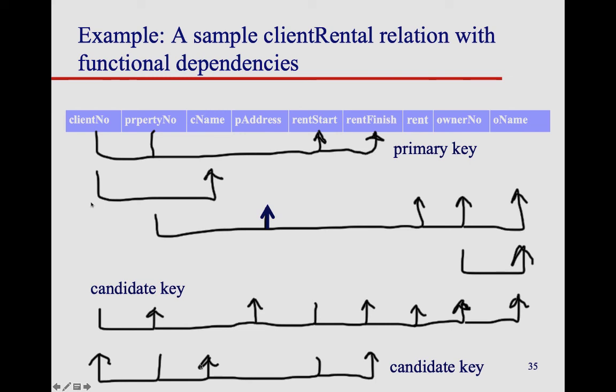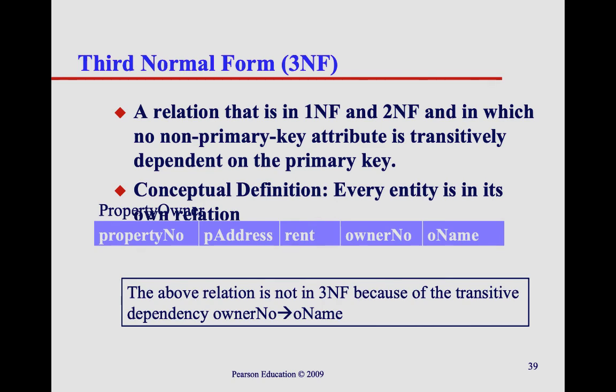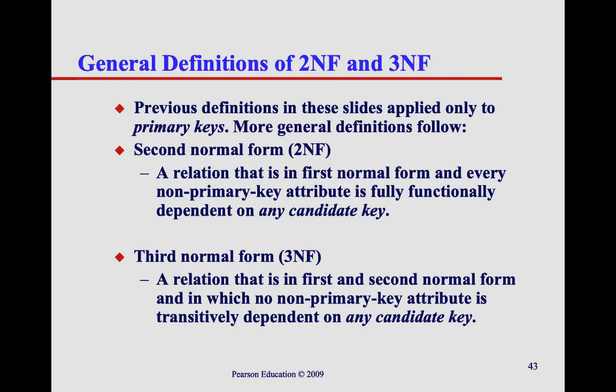So in that case, you would have used both of these dependencies to go to generalized second normal form. Again, we're not going to use generalized second and third normal form in this class. We're only going to use primary key normal form, but that was a nice example of the difference between the two. Okay? So with that, I will let you go, turn you loose on the homework.